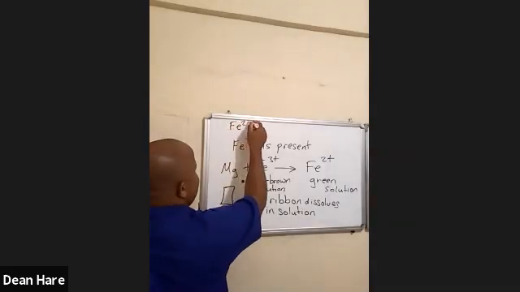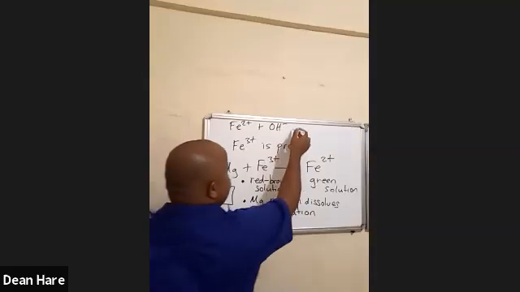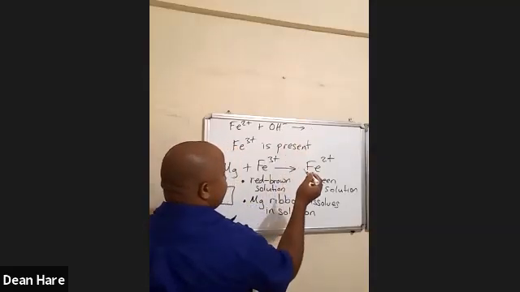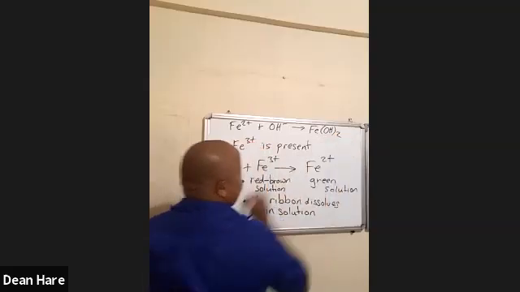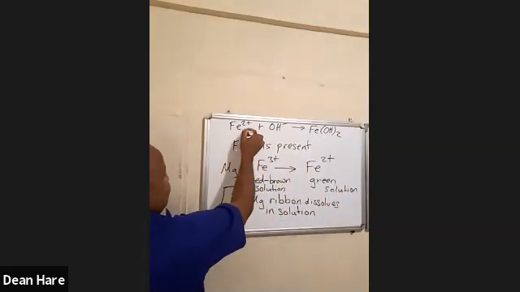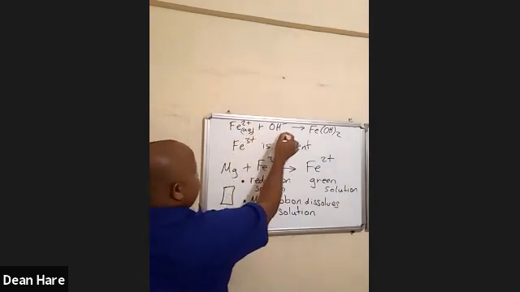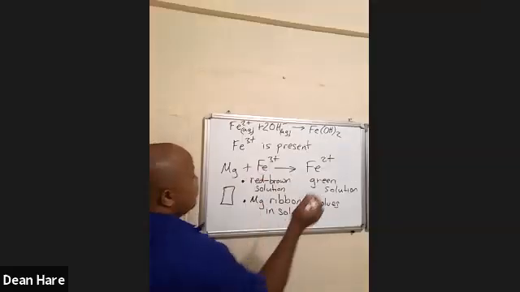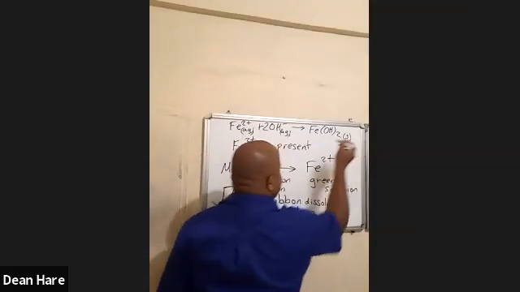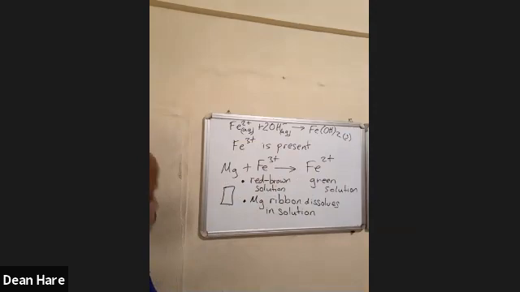So Fe2+ plus 2 hydroxide ions to produce iron(II) hydroxide, Fe(OH)2. All right, don't leave off the state symbols. And the 2 goes right to the OH. Yes, thank you for that. All right. So that's our equation.